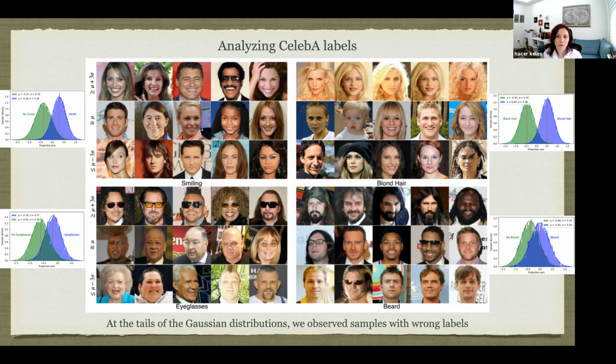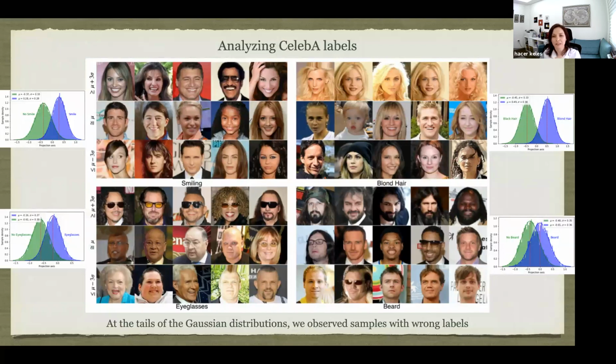Remember, we have the labels of the projected images. Here, all the samples in the blue distributions are labeled in the CelebA dataset as carrying the related attributes, such as it is smiling, it has eyeglasses, it has beard, it has blonde hair, etc. So for each attribute in this image, the middle row displays images randomly picked around the mean of the blue distribution.